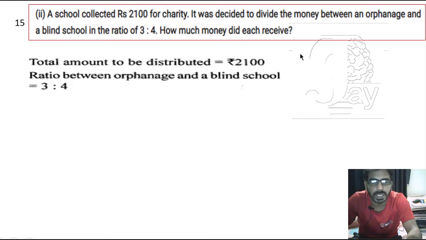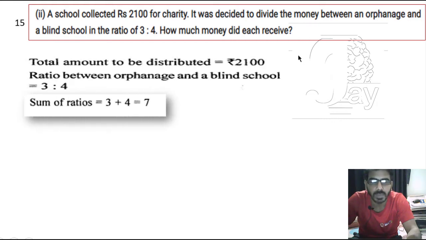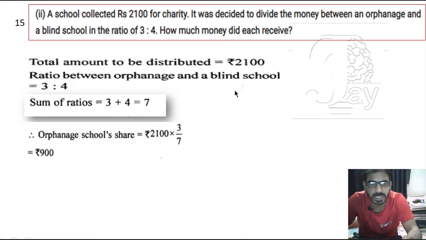So if the total amount is 2100 and the ratio of orphanage to the blind school is 3:4, we have the sum of the ratios as 3 plus 4, that is the total ratio term, 7. So when we compare this total ratio term with the total money, we get 7x equals 2100. So we can find x separately, or we can use the ratio as 3 by 7.